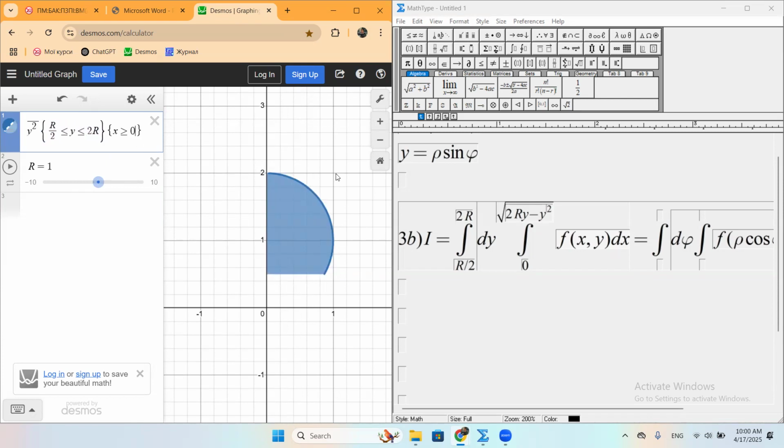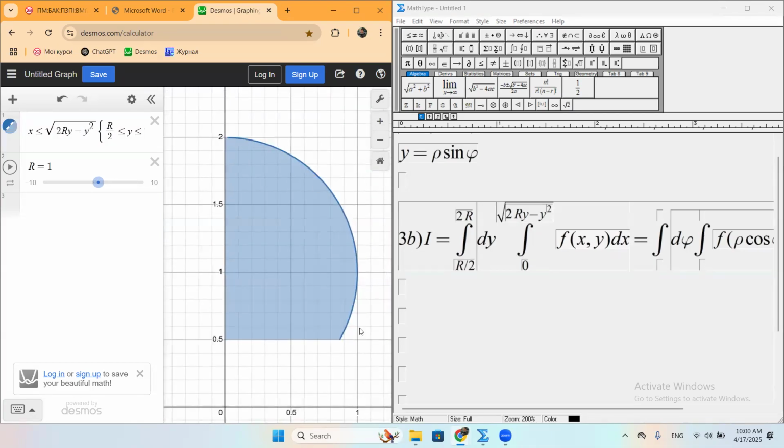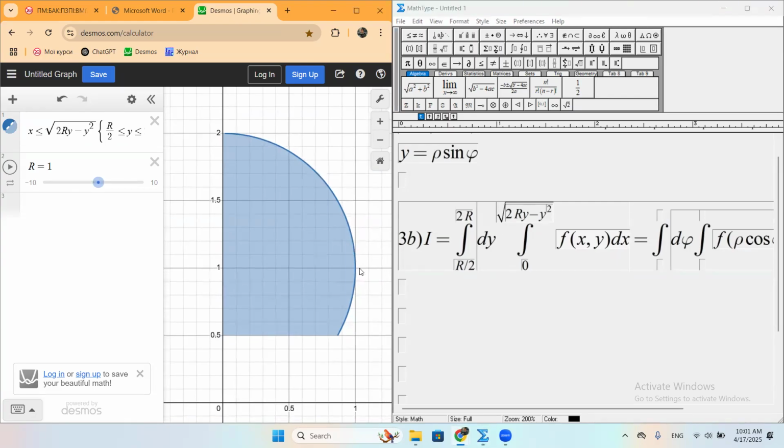So we have such a segment of the round, so it's a more interesting task. And now let's see what can we do here.